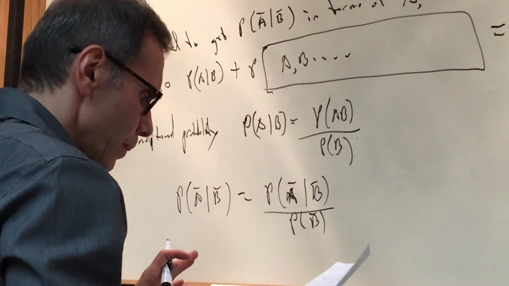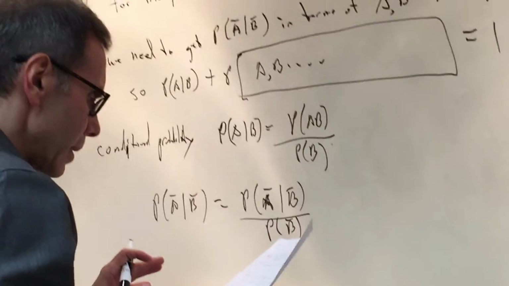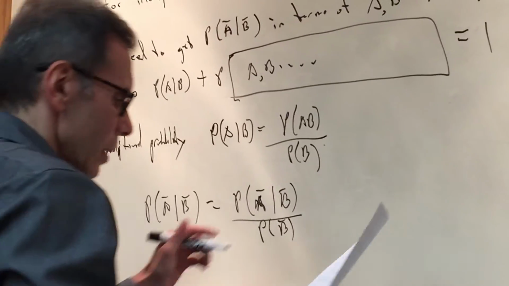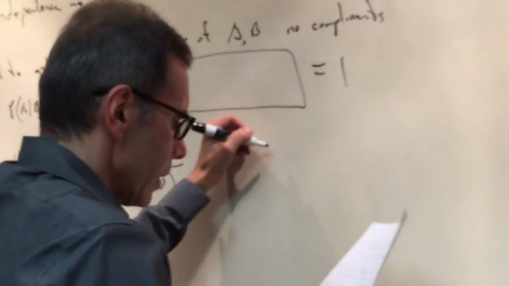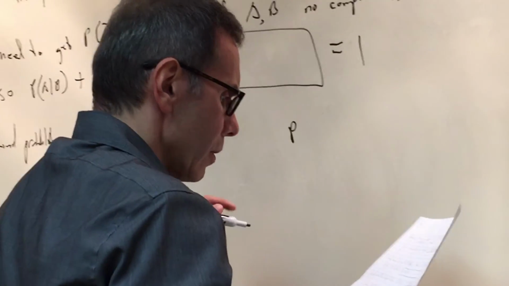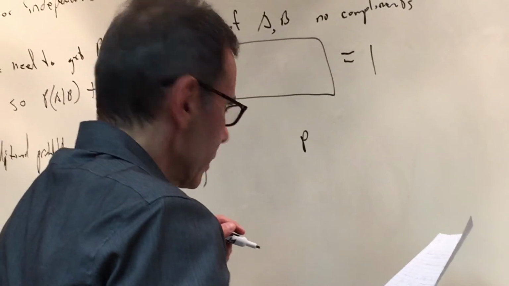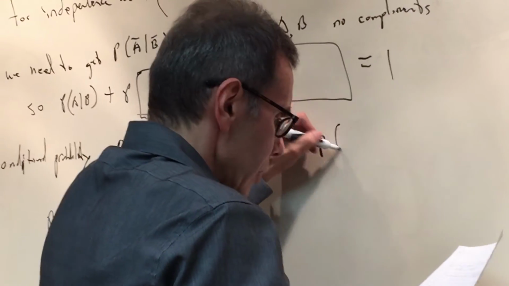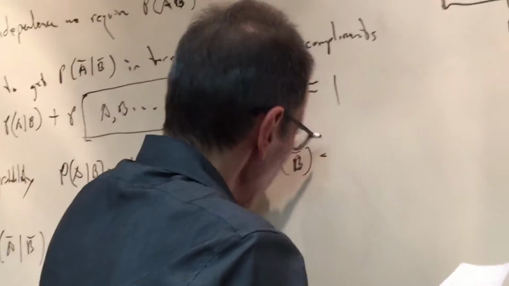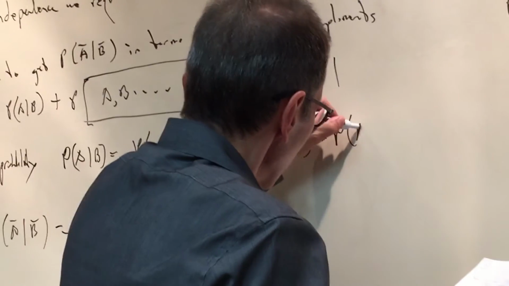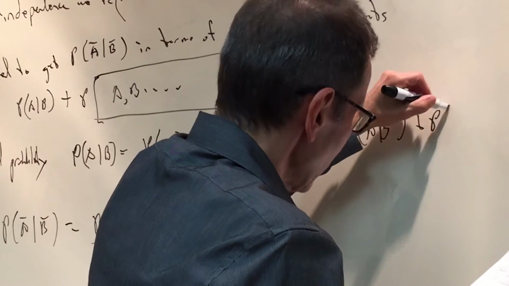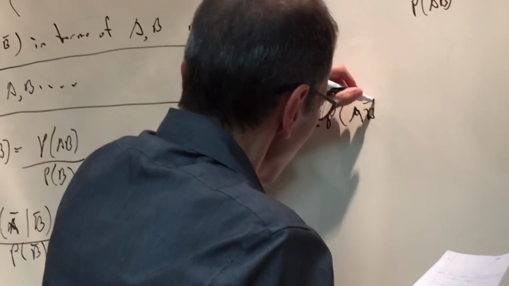I'm going to write one more thing here that's pretty important. From Axiom 3, page 20 in Kapolis, we can infer that the probability of B complement is equal to the probability of A bar B bar plus the probability of A B bar.